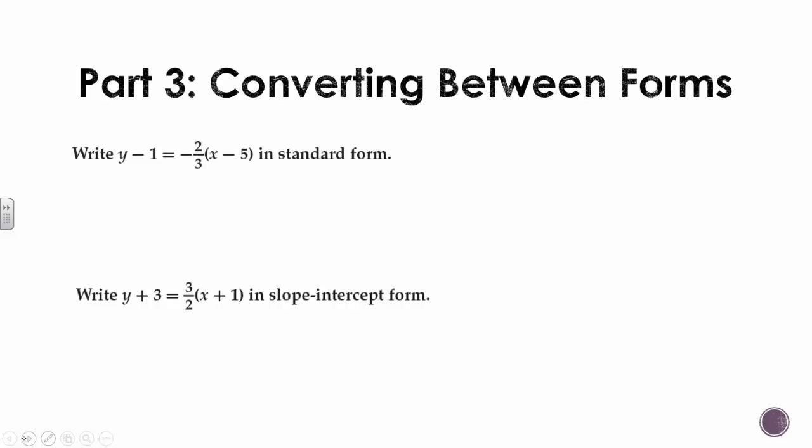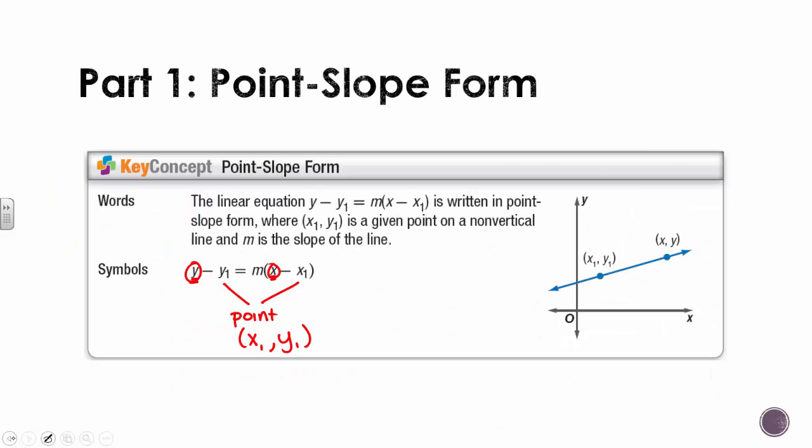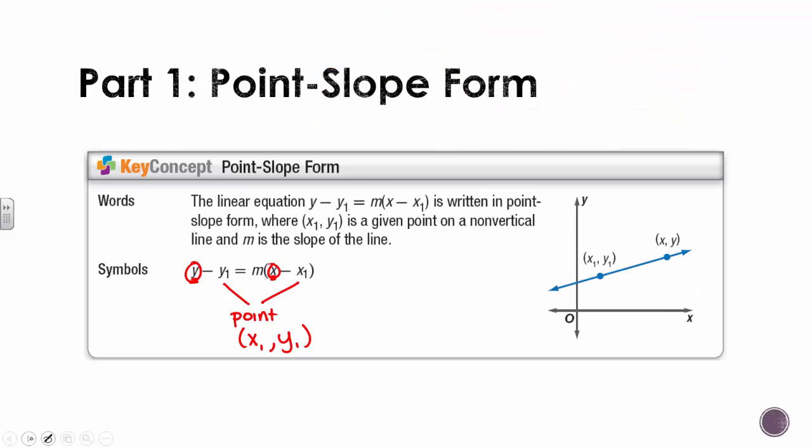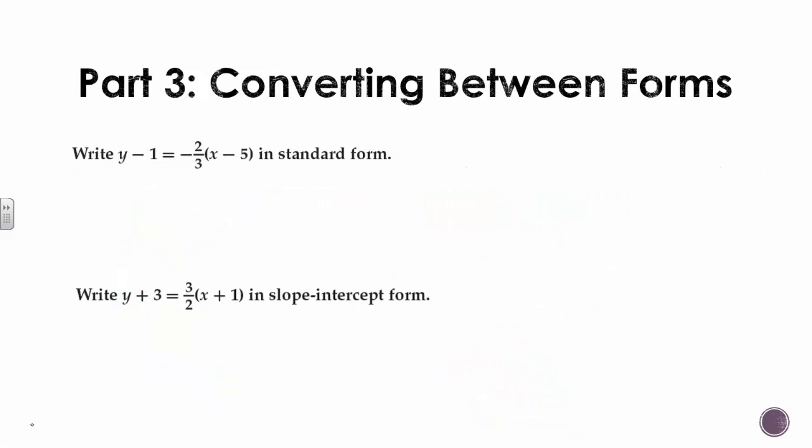So this was the second part of the objectives. I can write an equation of a line in 3 different forms. So the first question that I'm asking you here is to put this in standard form. The second question I'm asking you to put it in slope-intercept form. So before we start doing any work, let's think about what those are.